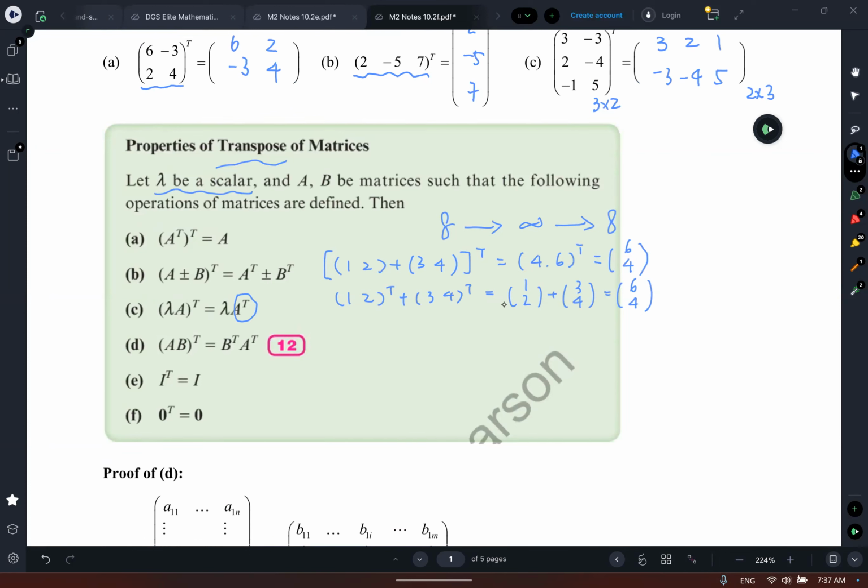What do you think? Lambda multiply A and then transpose, compared with transpose first and then multiply.